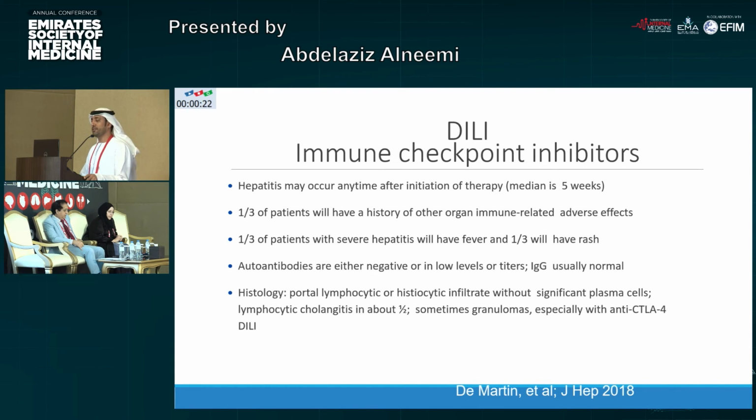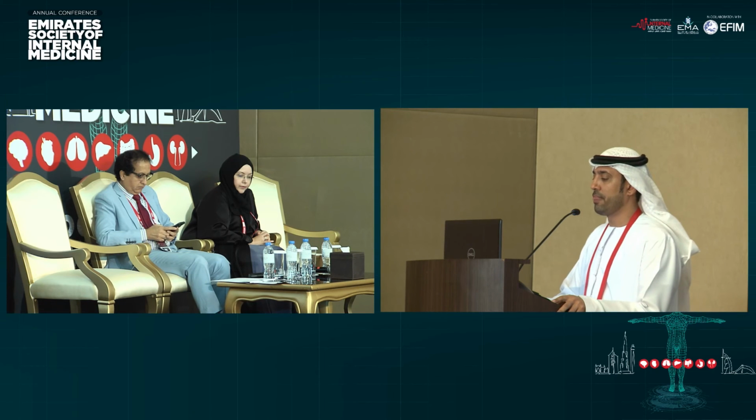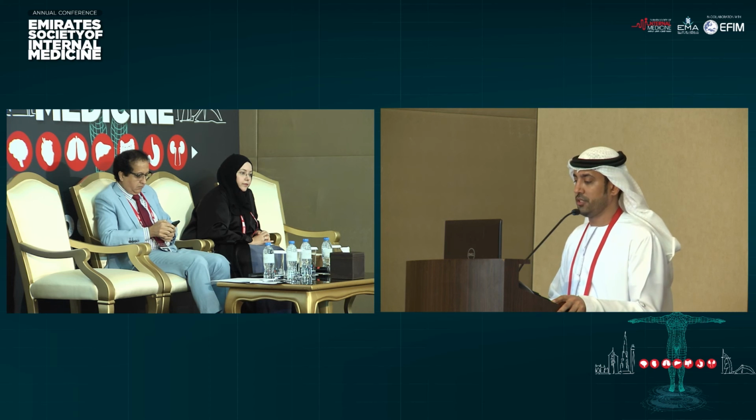Hepatitis may occur anytime after initiation of therapy, median 5 weeks. A third of patients will have a history of other organ immune-related adverse effects, and a third of patients with severe hepatitis will have fever, and a third will have rash. Autoantibodies are either negative or at low titers, IgG is usually normal, and you can see here the histology pattern.